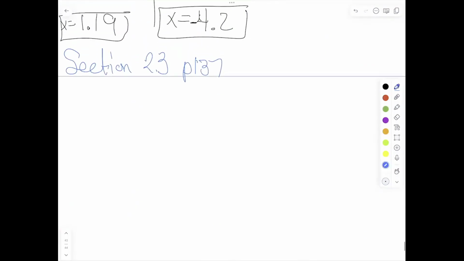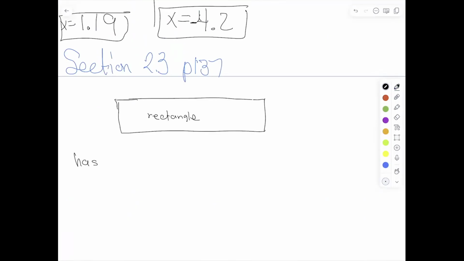All right, good. So let me present to you what a rectangle is. This is a rectangle. A rectangle has two long sides, which we call length.